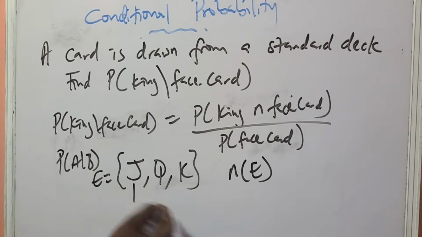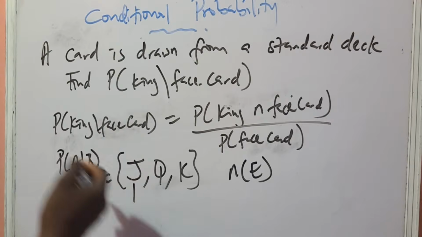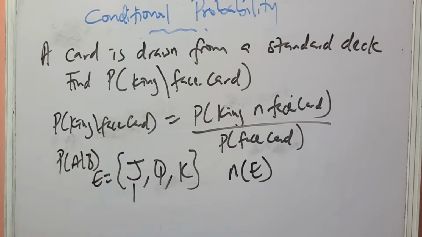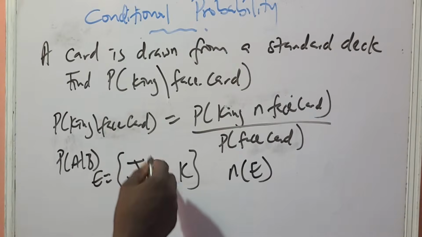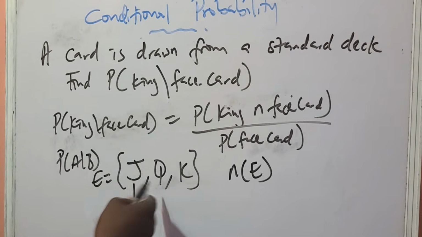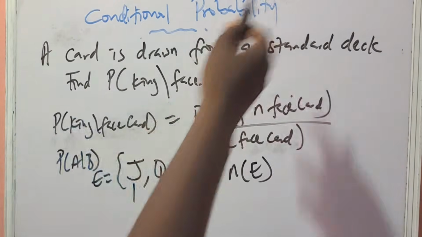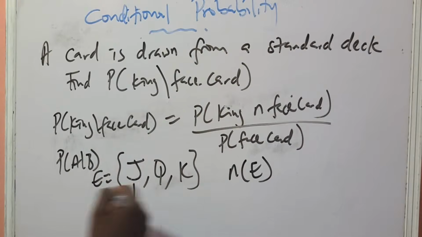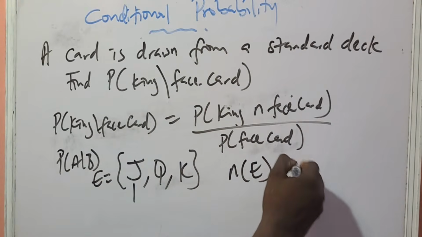We have the Jack of Heart, the Jack of Club, Spade, Diamond. And we have the same thing going for Queen and King. We don't just have one Queen in a standard deck of cards. So obviously, the number of elements for this event when you're dealing with face cards is 12.